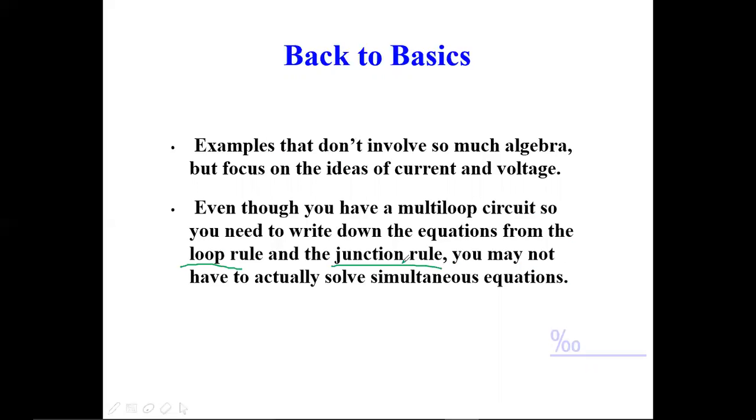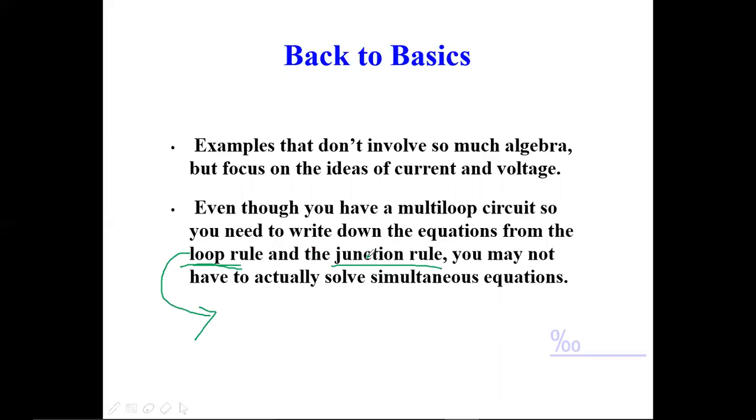You may not actually have to solve simultaneous equations. While you're writing the loop rule, mesh analysis or the loop equation based on the loop currents method, they come under the same category. Or you can follow the junction rule, meaning a junction is nothing but a node, right? Node is nothing but KCL. KCL is nothing but the nodal analysis method.